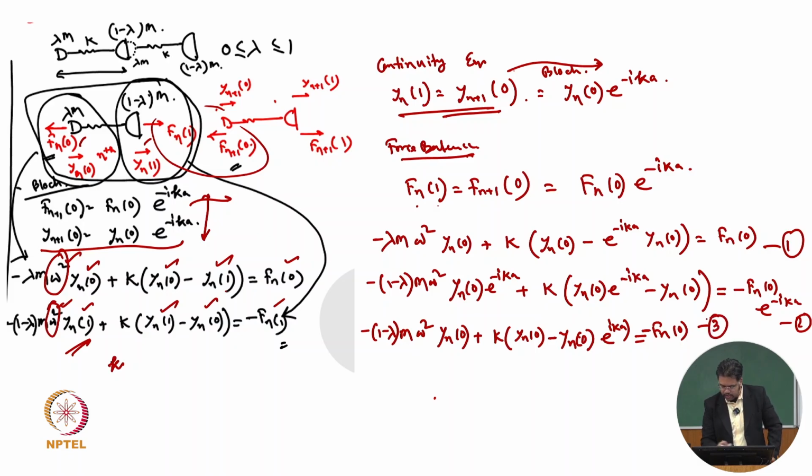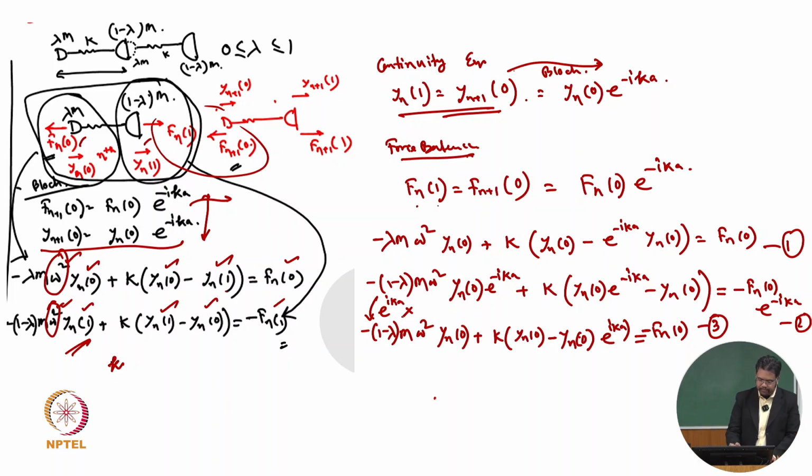That will be equation 3. Agreed? So that is e to the power of ika multiplication. Okay, so I am just multiplying with e to the power of ika and I will get that solution.